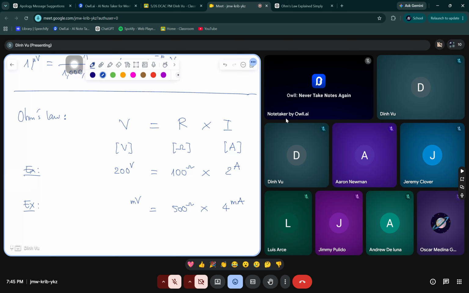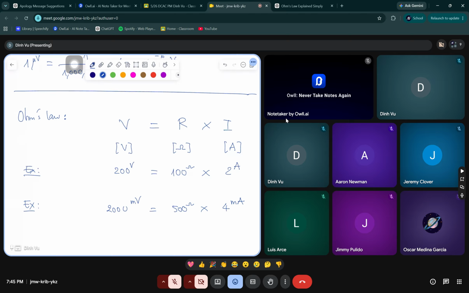If R is 500 ohms, current is 4 milliamps, you multiply, 500 multiplied by 4, you obtain 2,000 millivolts. So 2,000 millivolts means that this is 2 volts.